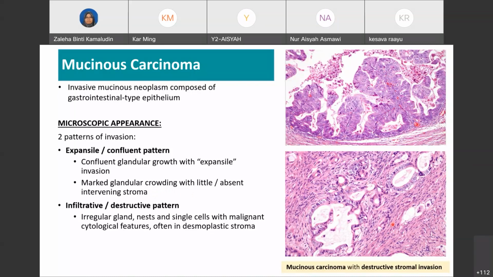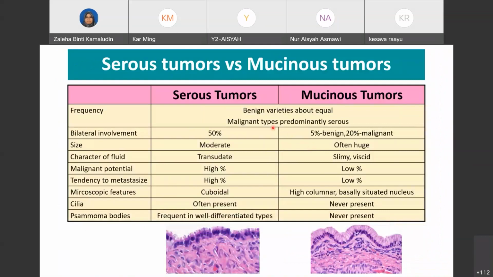So in summary, for the serous and mucinous tumors, you need to know the bilateral involvement, where serous tumor is more commonly bilateral in comparison with the mucinous. Another thing is that the malignant potential of the serous tumor is much higher in comparison with the mucinous tumor.